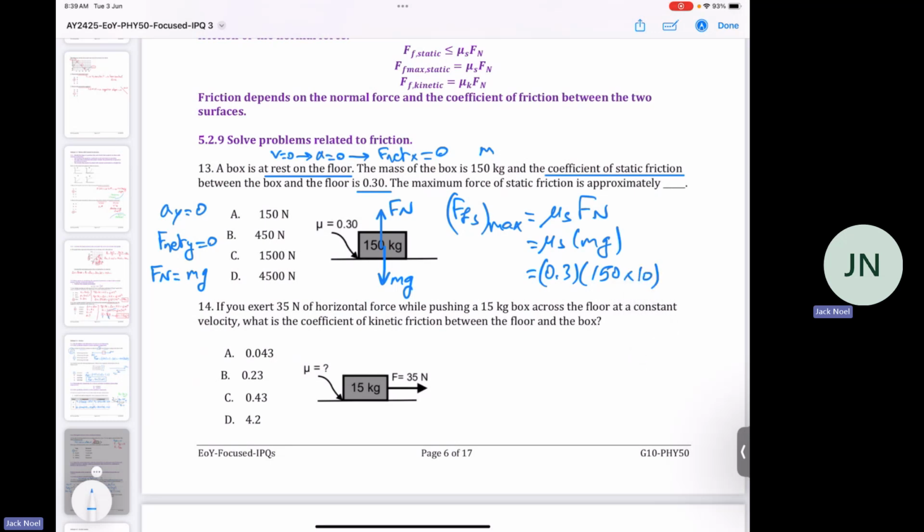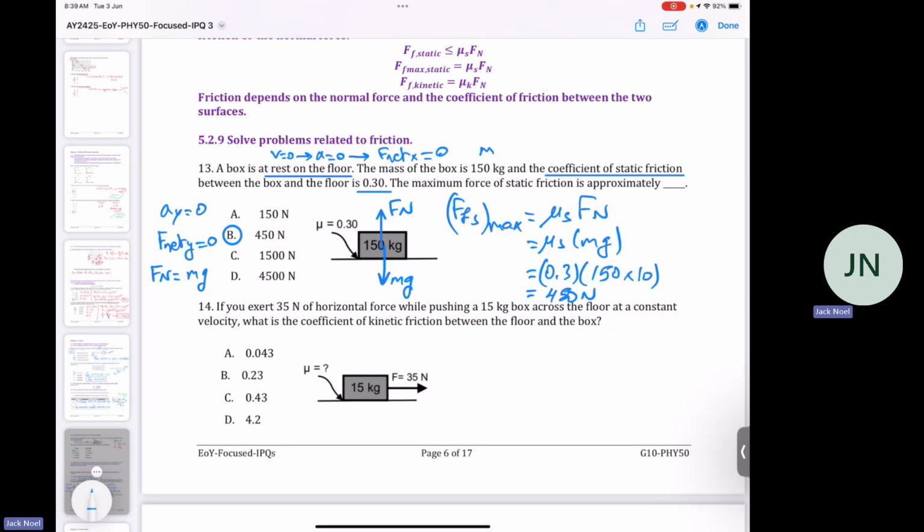Now, 150 times 10 is 1,500, and then times 3 is 4,500. Because you have a 0.3, which means that you are dividing by 10, the answer must be 450 newtons. Let's just make sure about that. Again, 10 times 0.3 is 3, and 3 times 150 is 450 newtons.